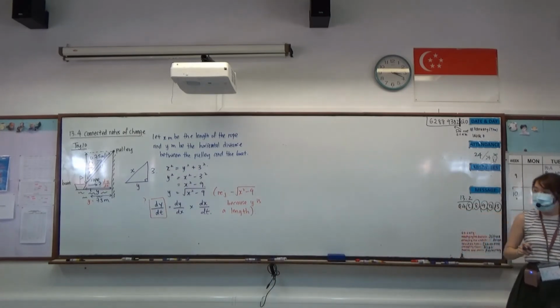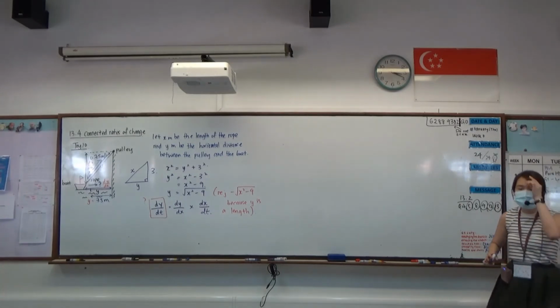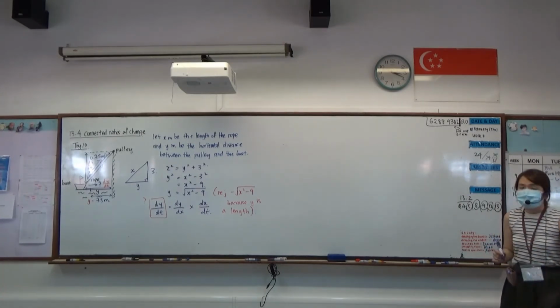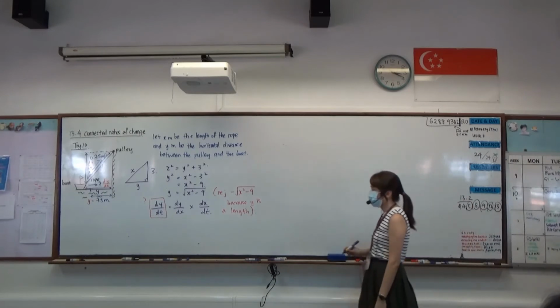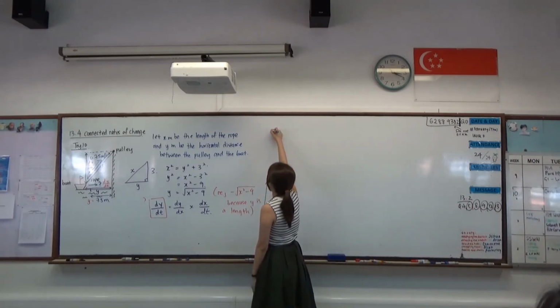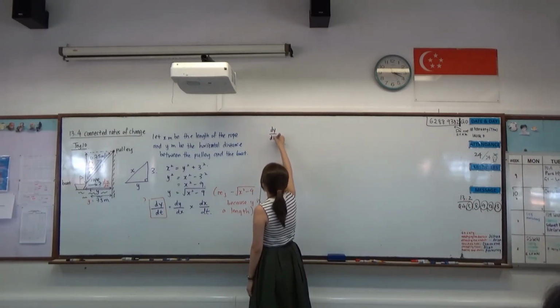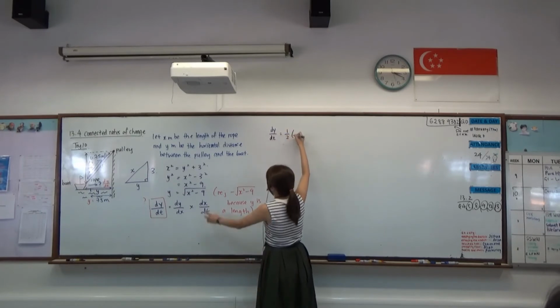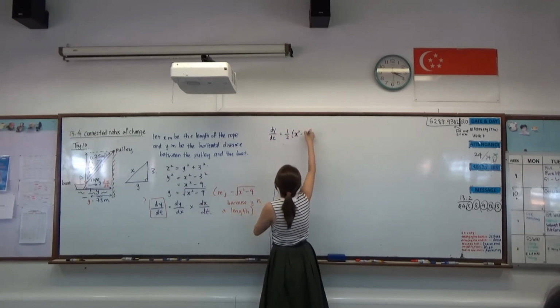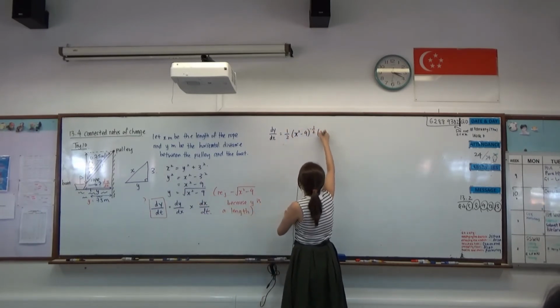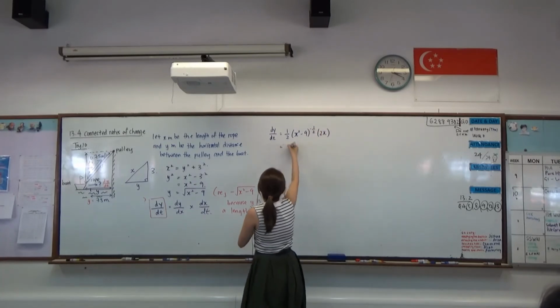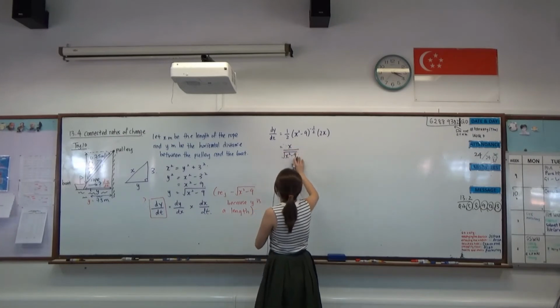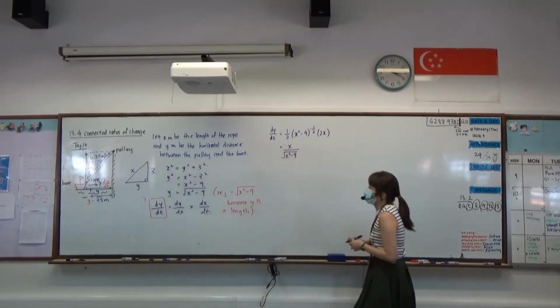So we are looking at y equals square root of x squared minus 9. So dy over dx, differentiate this one, and we get this.